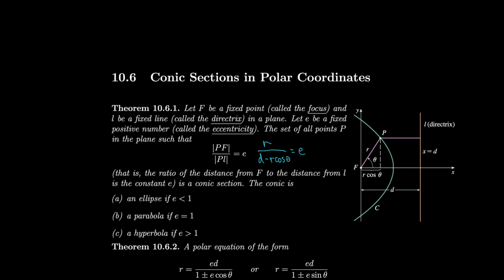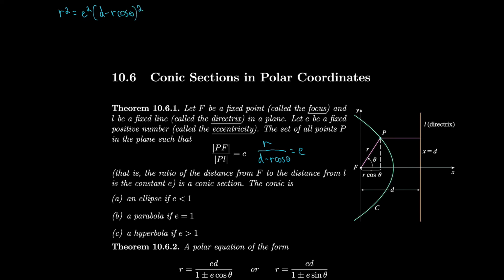So taking r over d minus r cosine theta, how about we multiply both sides by d minus r cosine theta and then square both sides? So we get r squared equals e squared times d minus r cosine theta squared.